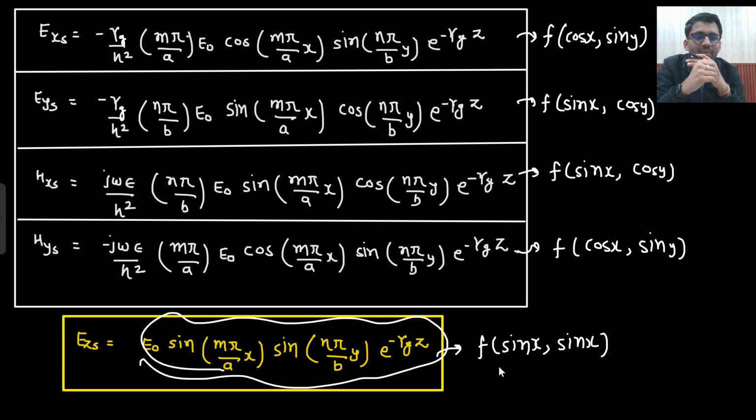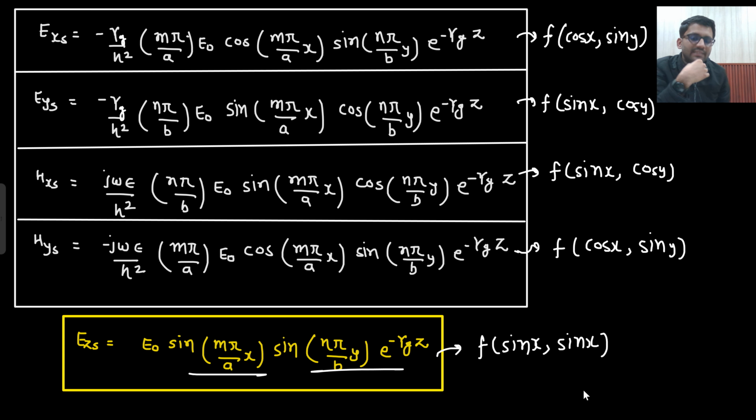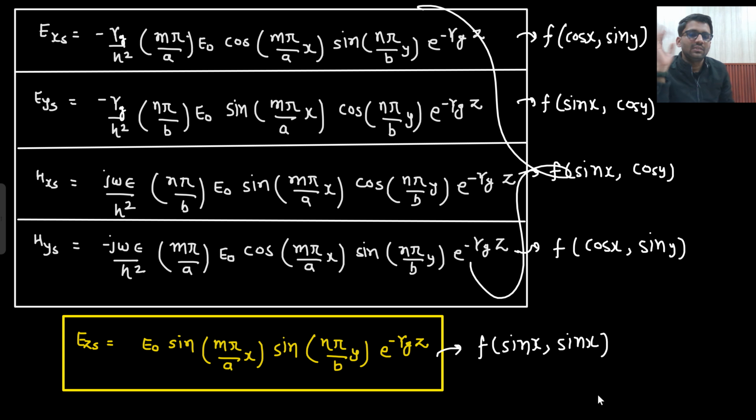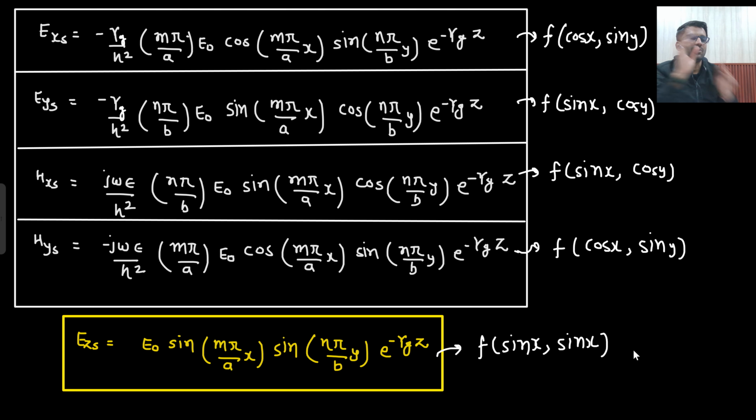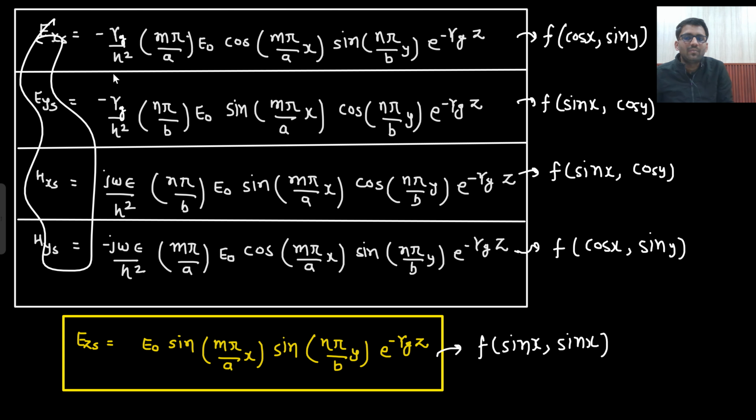If you don't know the concept, you will not be able to tell me. But if you see that sin sin is there, then certainly it cannot be any of these. When do you get sin sin? In EZS. So this expression has to be EZS. And if there is sin cos or cos sin, then certainly it cannot be EZS; it could be one of the others.